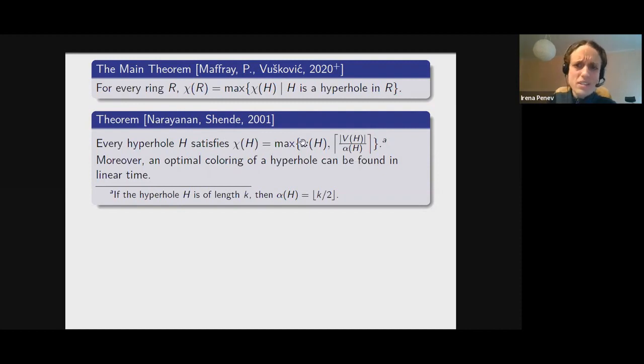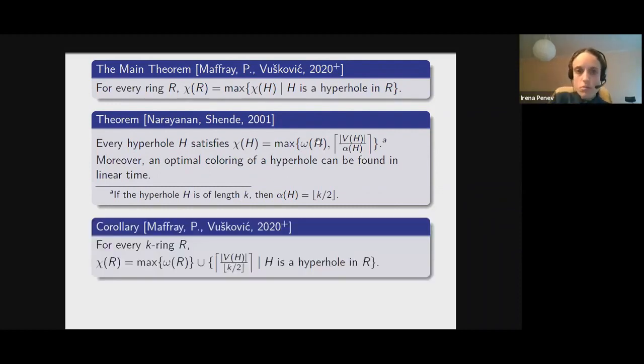And notice that both of these, if you forget that this is a hyperhole, are actually trivial lower bounds on the chromatic number. What this theorem from 20 years ago says is that this trivial lower bound, if you take the maximum, is actually equal to the chromatic number of the hyperhole. So you put this main theorem together with this theorem, and you get a nice formula for the chromatic number of a ring.